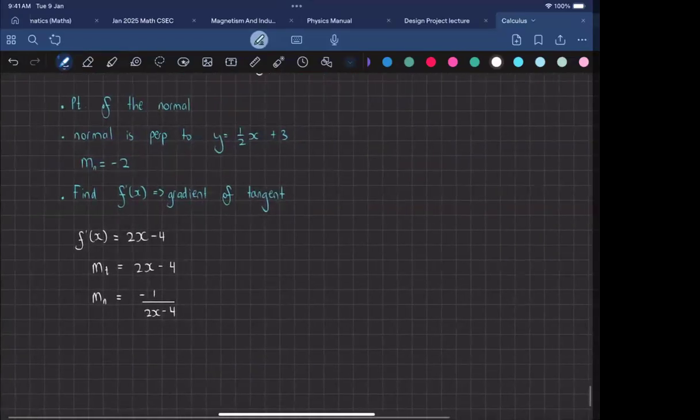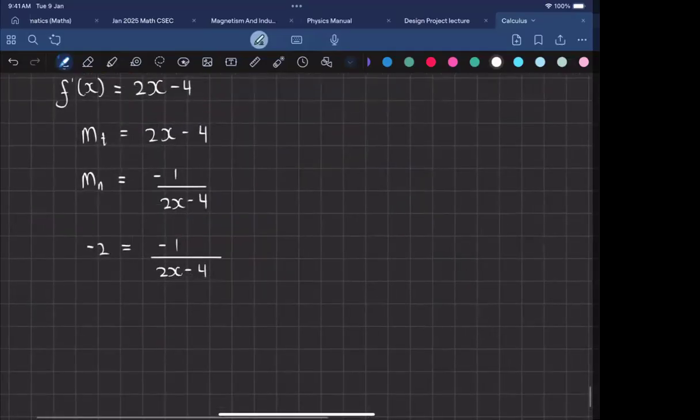No, what's the gradient of the normal? Minus 1 over 2x minus 4. That's the expression for it, but what was the actual gradient of the normal that we found? Oh, minus 2. Right, so we could say minus 2 is equal to minus 1 all over 2x minus 4.